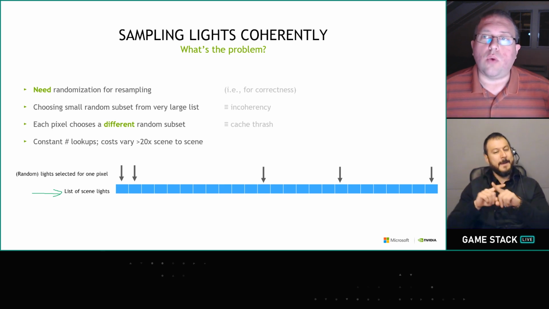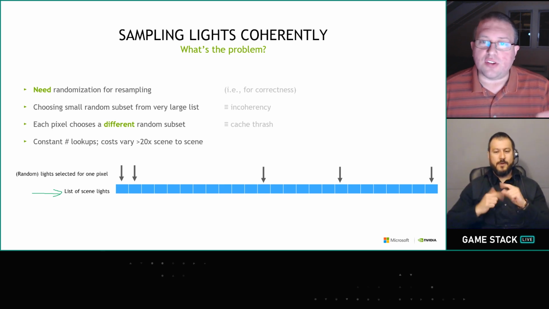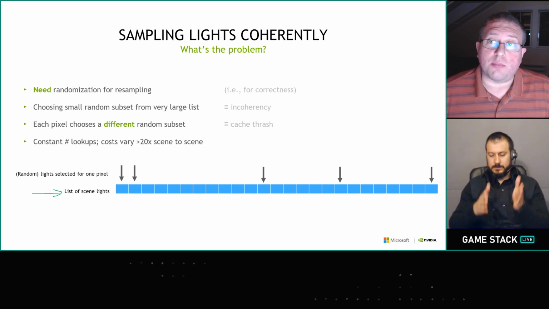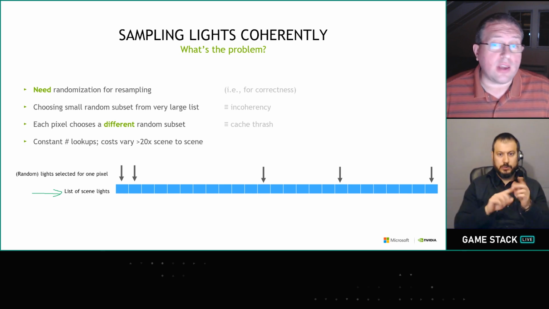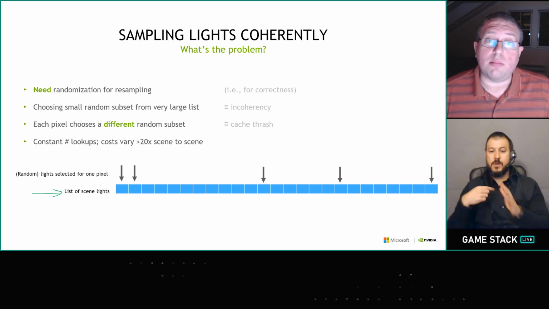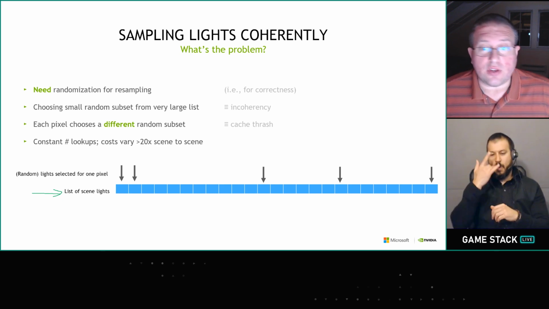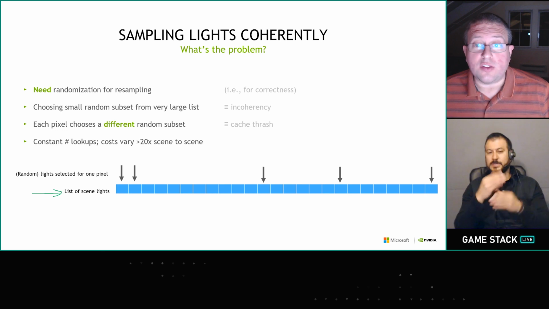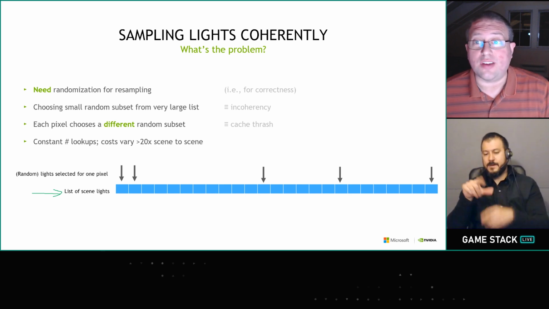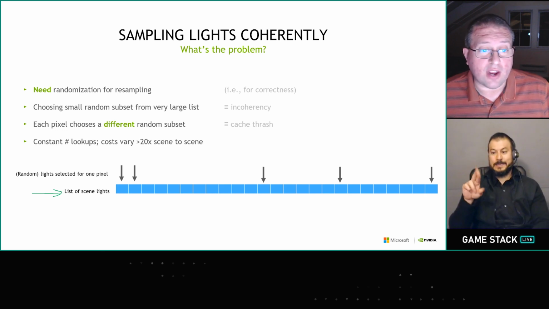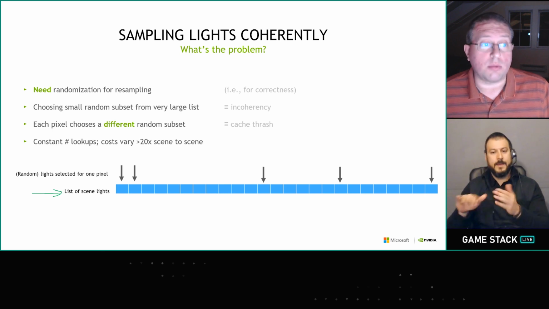But when we looked at the performance from scene to scene, we found that from simple scenes to very complicated ones, our costs could vary by over a factor of 20. This was largely due to the caching. Some scenes fit in L1, some scenes fit into L2, and some scenes you need to go to DRAM for almost every access, and those just get horrible performance with the research prototype we had before.